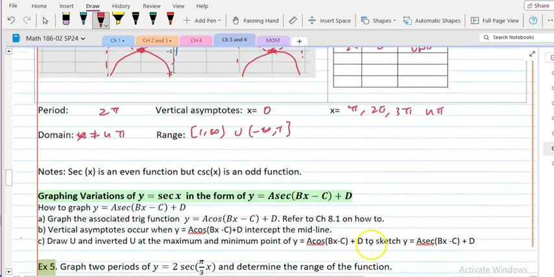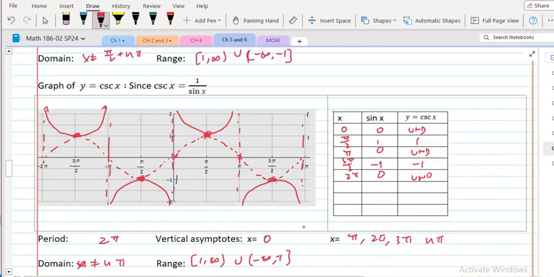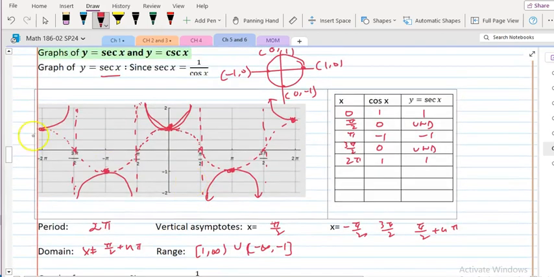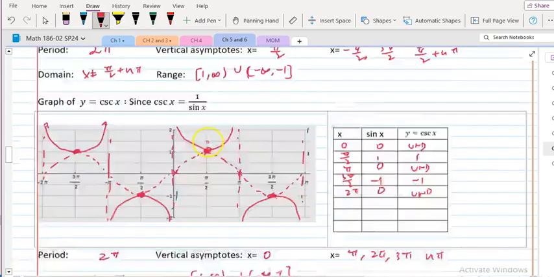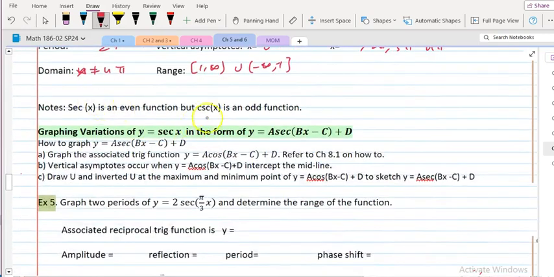And if you look at the shape of the graph, the cosecant function is an odd function, but the secant function is an even function, symmetrical left and right. Okay, so this is what it is.